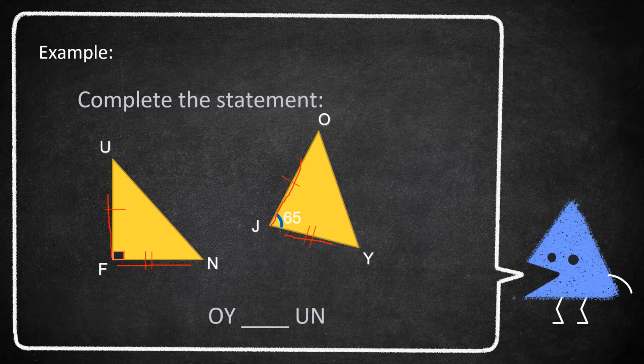Angle F is greater than angle J because this symbol shows that the measure is 90 degrees. So therefore, 90 is greater than 65. So we can now say that OY is less than UN because opposite the smaller angle is the shorter side.